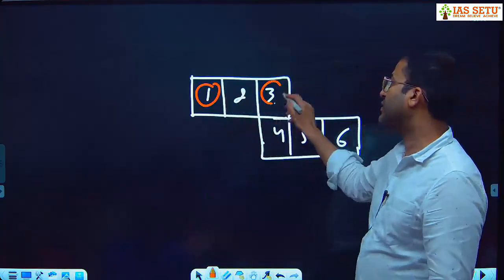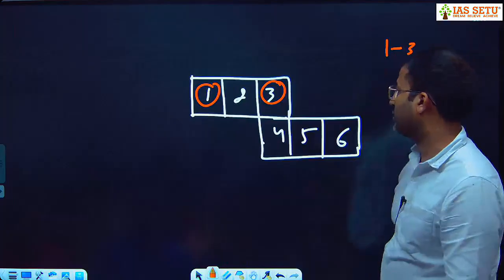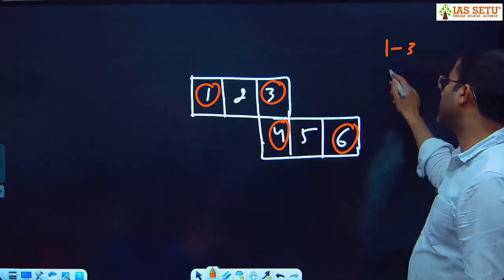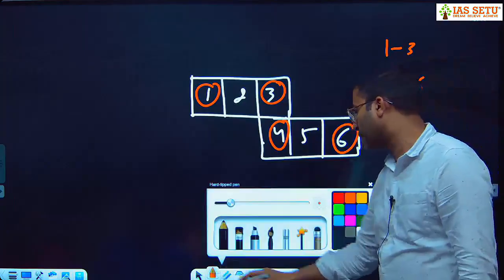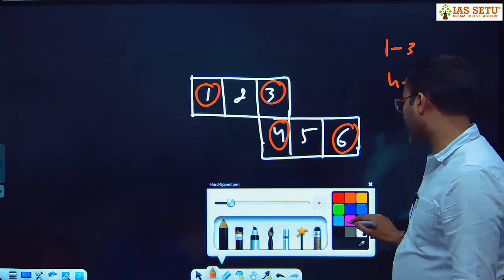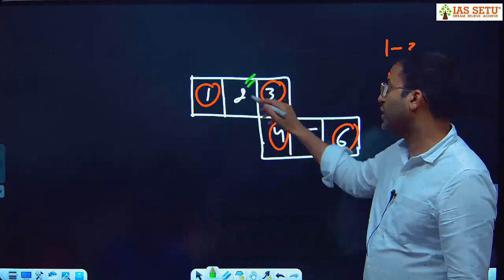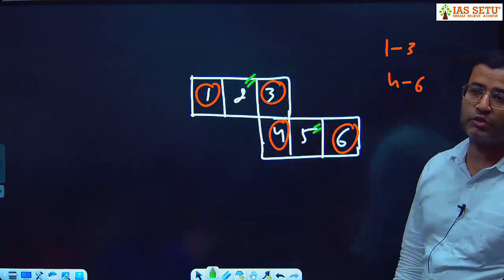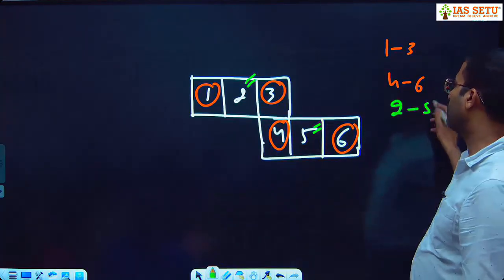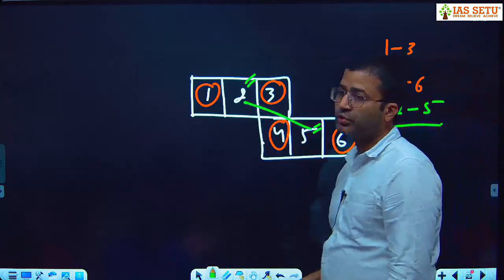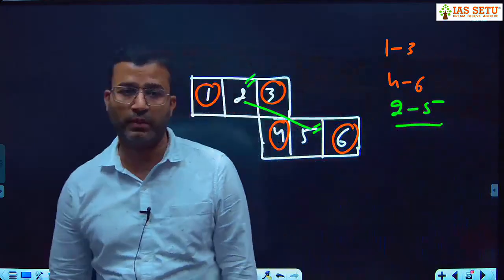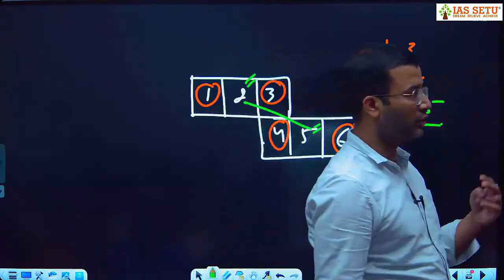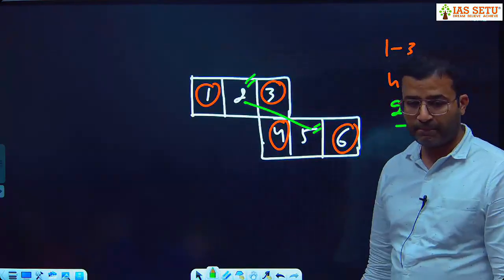This 1 and 3 opposite, this is the first pair. 4 and 6 opposite, this is the second pair. Okay, then what we can do? We can conclude this 2 and 5 are the remaining 2 faces and will make the third pair. So in this question, 2 and 5 are opposite. If you know 2 pairs, you can conclude the third pair.